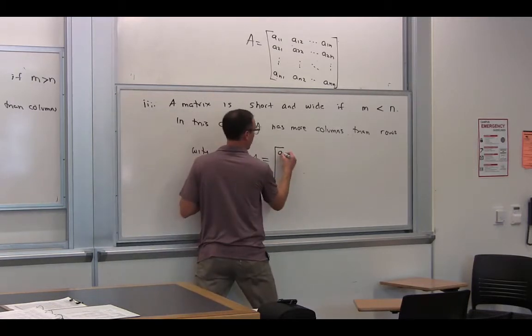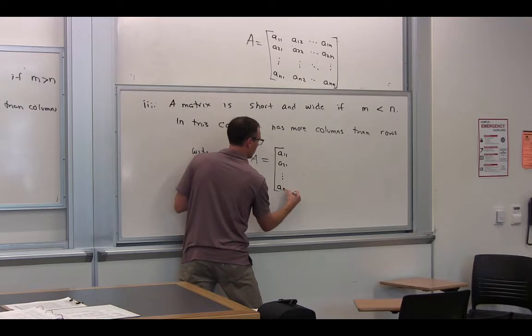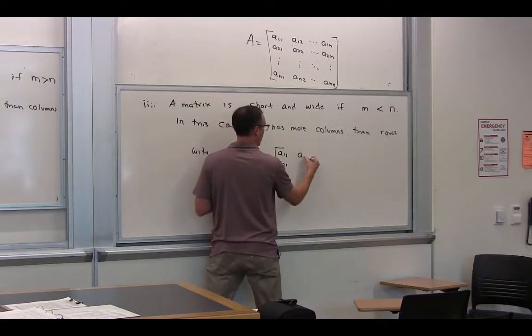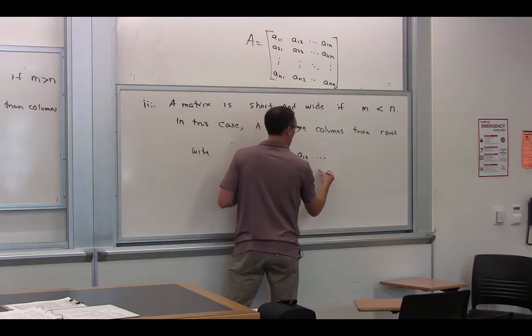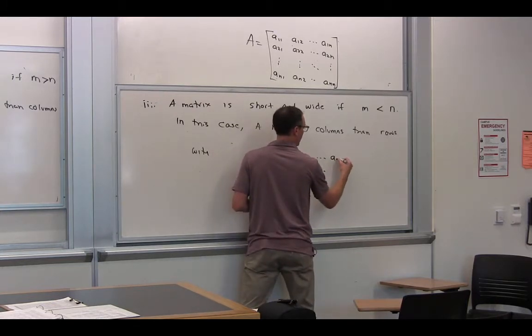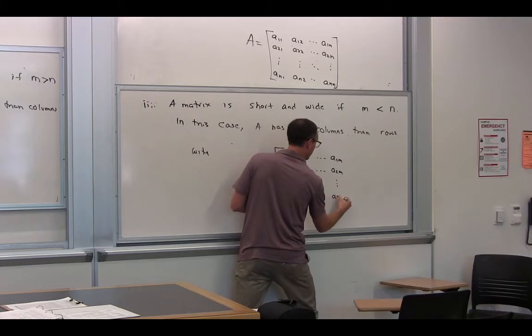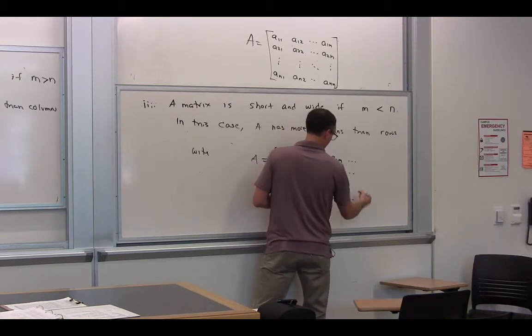Okay, first we might start with 11, 21, all the way down to M1, and then we would go to the second column, which would be 12, 22, all the way down to M2, and then eventually I could get to a space where I did what? 1M, 2M, all the way down to MM.